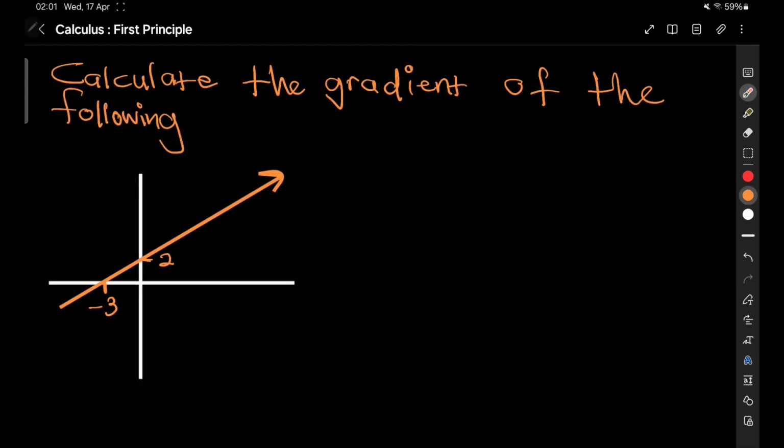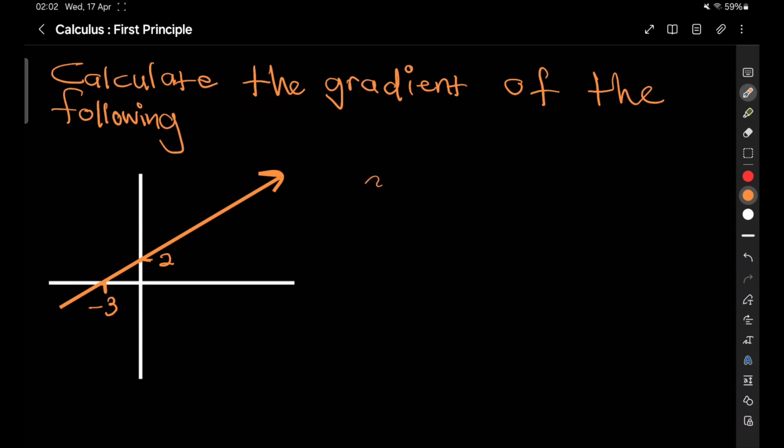Okay, so in this example, we're told to calculate the gradient of the following. We're given a straight line and we're given 2 points, which is -3 and 2. With that information, we know that these are the points of interception. So we have all the coordinates that we need to calculate the gradient of the line.